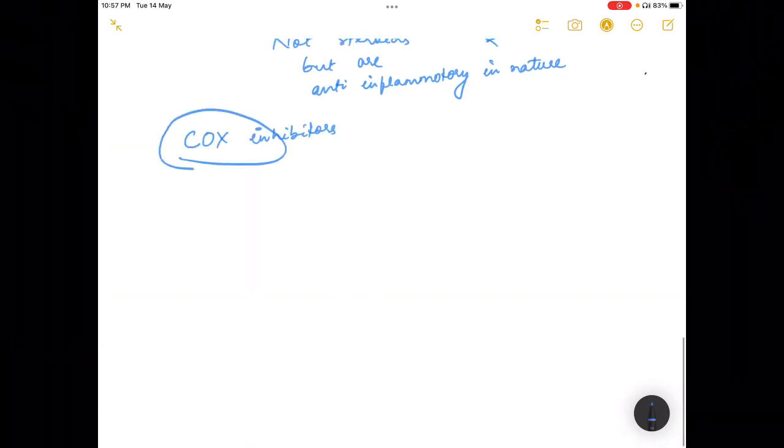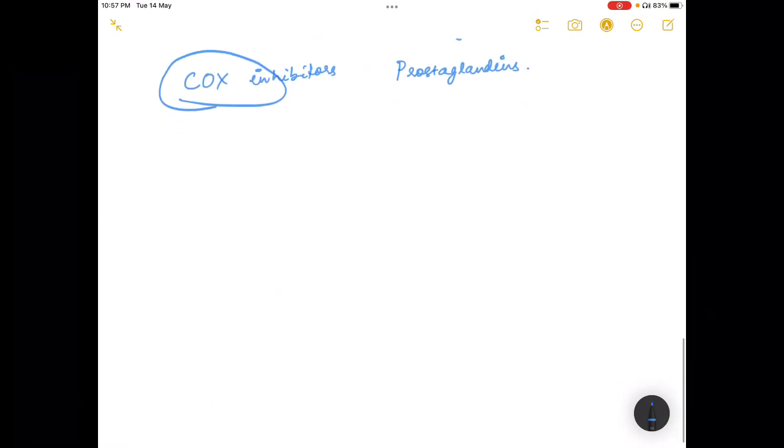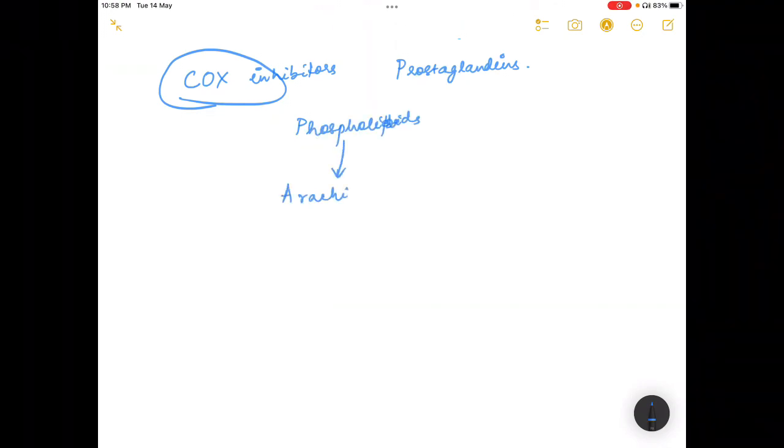Now what is this COX enzyme? This is the enzyme which is responsible for the production of prostaglandins. So we had already discussed in the prostaglandin chapters that membrane phospholipids are converted into arachidonic acid by the action of which enzyme? Phospholipase A2.